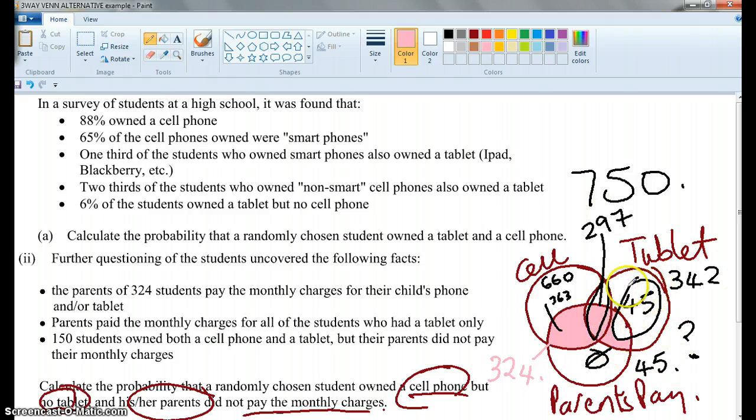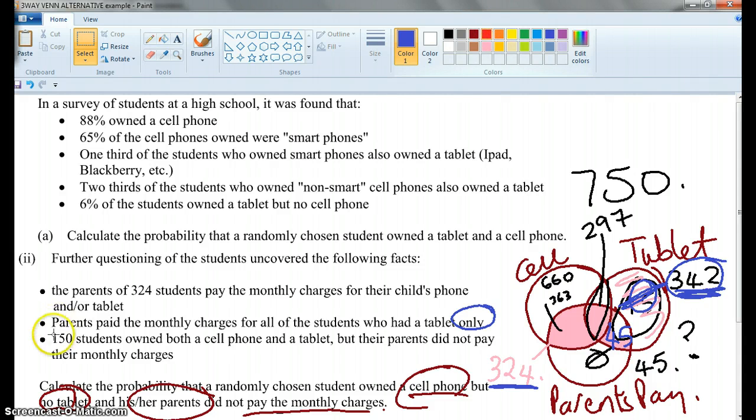So that means there's nothing in here, so that 45 has to be in here, and in fact the 342. But that doesn't add up, because only 324 parents paid, and I've got 342 with a tablet. Oh, that lovely word here, only. So those 45 are being paid for, and there's 0 there. So that's sweet. Okay, next thought.